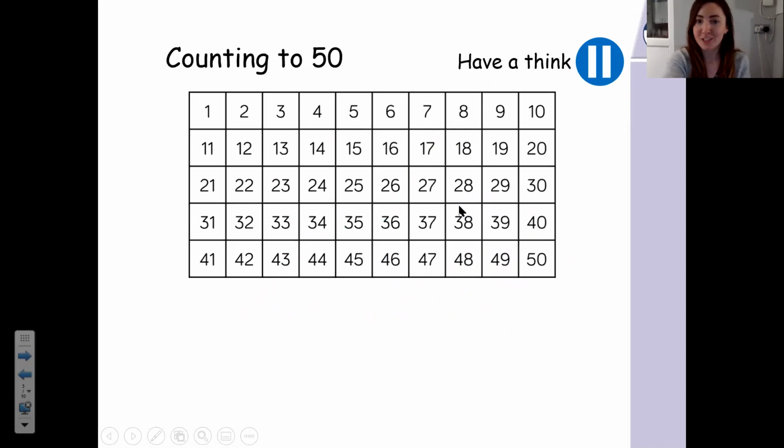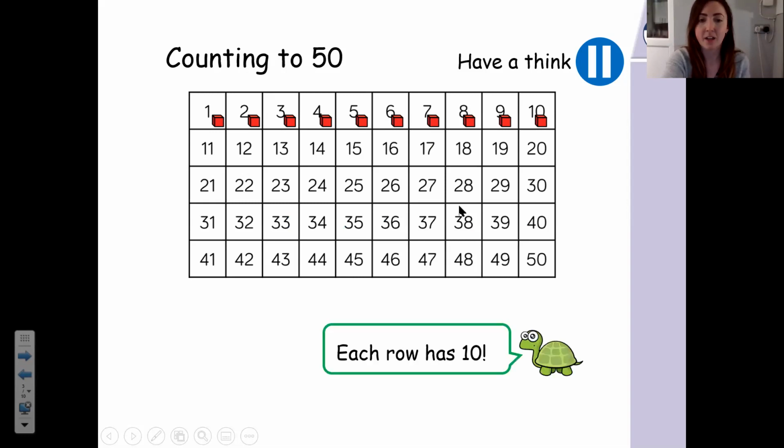Okay, now we're going to use a number track, a number 100 square, or a section of 100 square. So we've only got up to 50 on here. So let's count in ones this time. We're using what we would use in school as our Deans. We've got some ones, some red ones. So count with me. 1, 2, 3, 4, 5, 6, 7, 8, 9, 10.